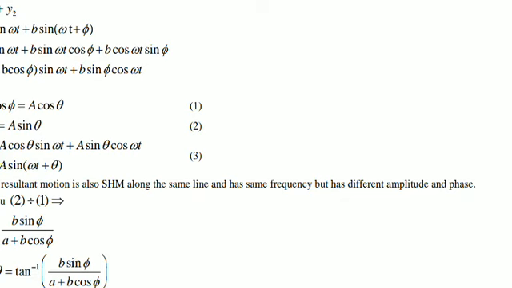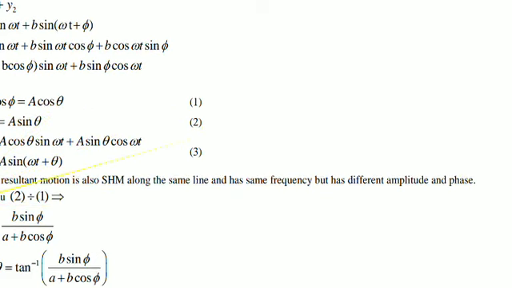So how to obtain the values for the phase difference and amplitude? For that, if you look at equation number 1 and equation number 2, let us divide equation 2 by 1. So A sin theta divided by A cos theta will be equal to tan theta, and b sin phi divided by a plus b cos phi.